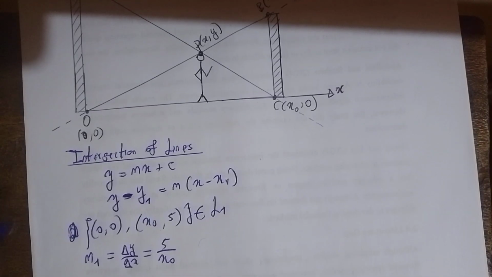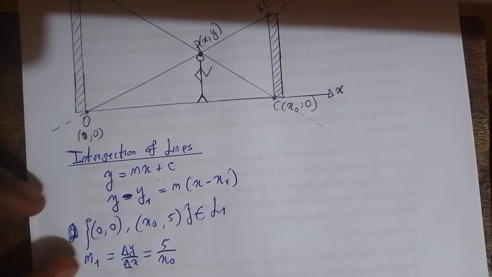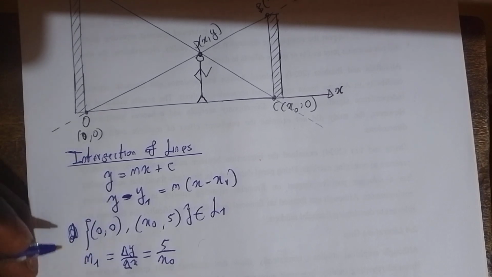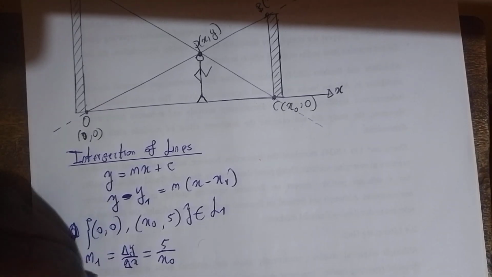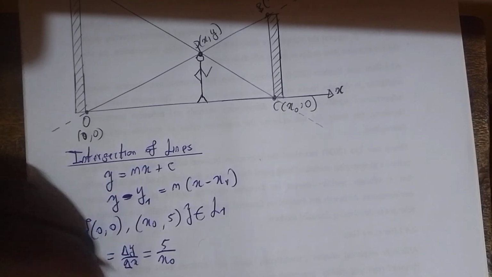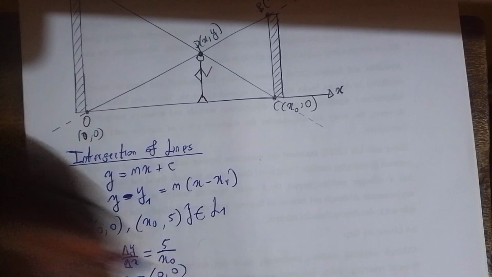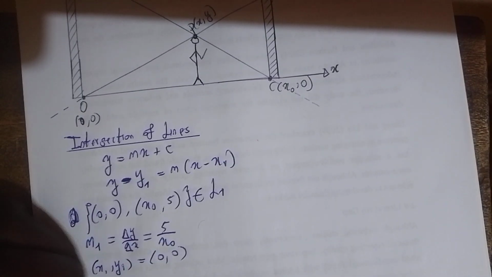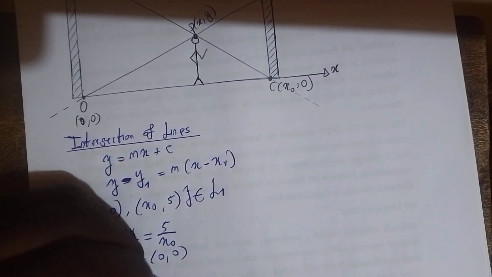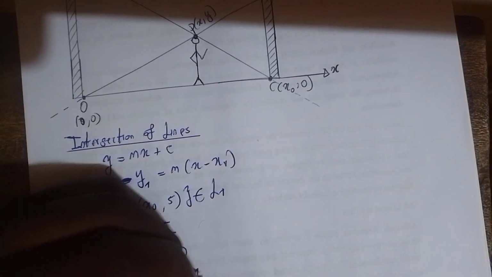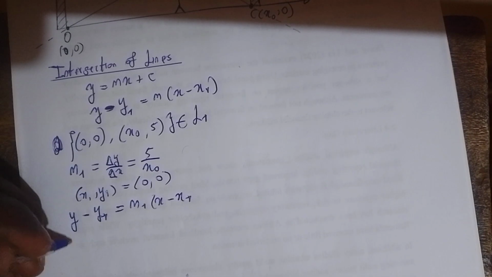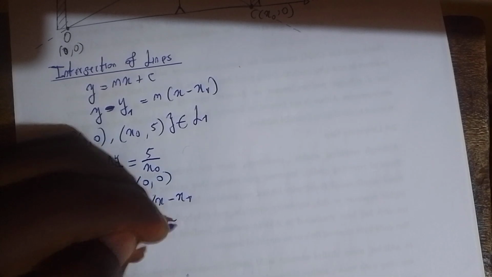And then we have the general equation of the line. We'll choose one point, we'll call it x1, y1, belonging to line 1. Let's take our x1, y1 to be equal to 0, 0. So that my line y minus y1 equals m1 into x minus x1 is going to be such that I have y minus 0 should be equal to 5 on x0 into x minus 0.